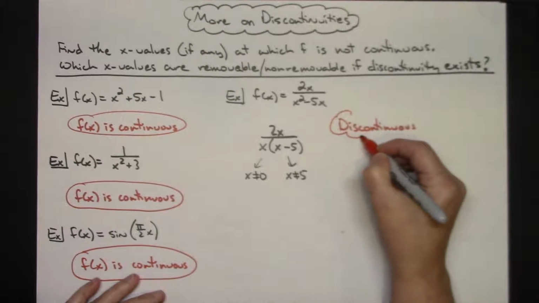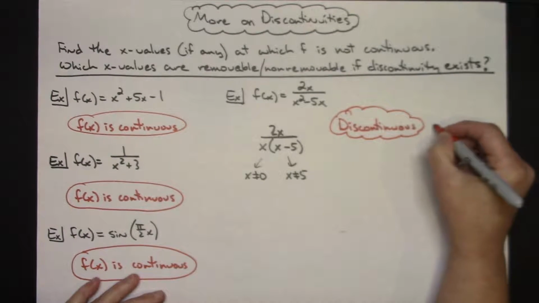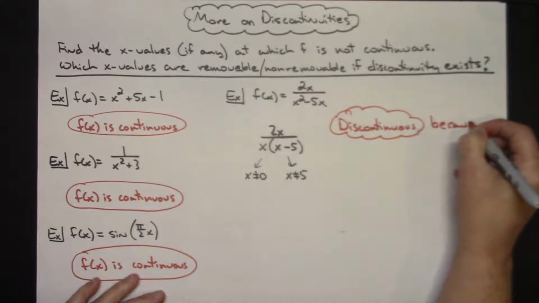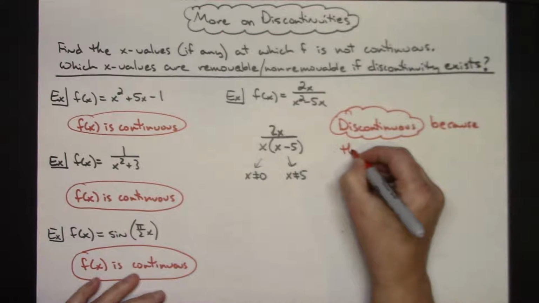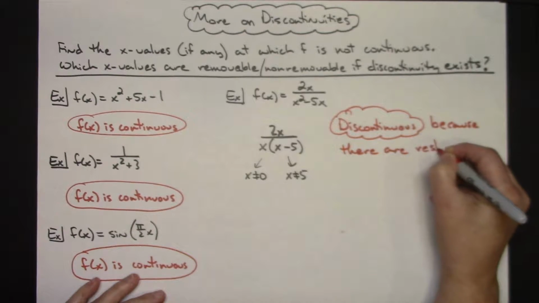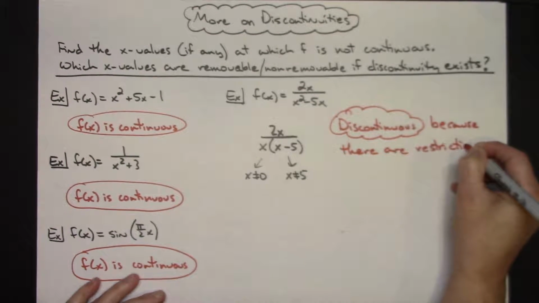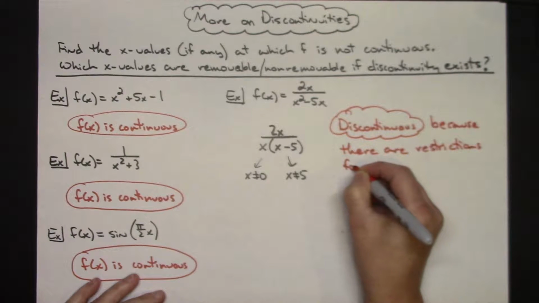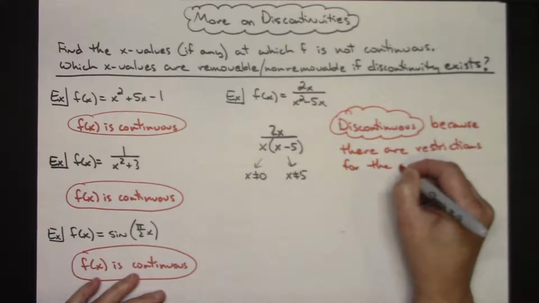It is discontinuous. But why? Because there are restrictions for the denominator. That's one way to put it.